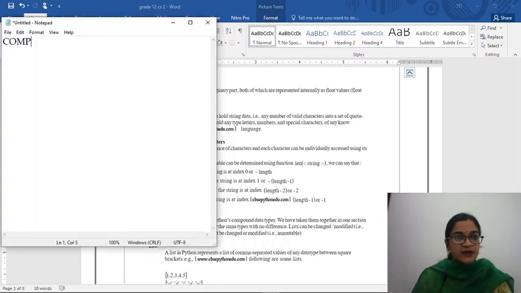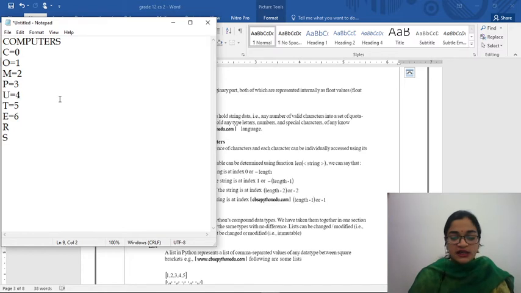If I'm writing it as COMPUTERS, C will have 0, O will have 1, M will have 2, P will have 3, U will have 4, T will have 5, E 6, R 7, S has 8, right? This is forward indexing.